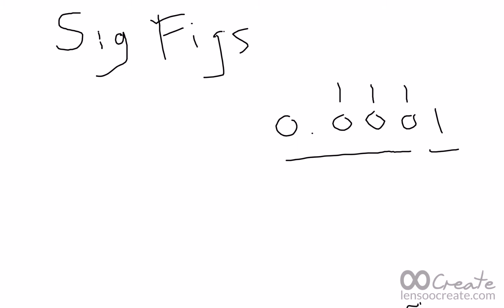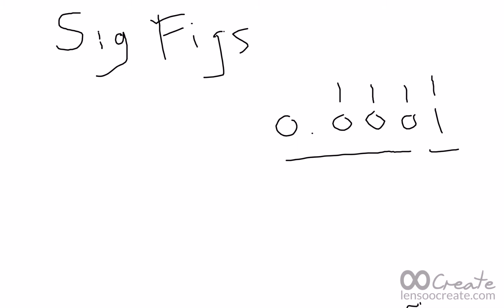But place-holding would be if I say 0.0001, that 1 is going to be significant. All of these zeros are not significant. They are holding the decimal place away from the 1. We've got the tenths place, the hundredths place, the thousandths place, and the 10,000ths place.